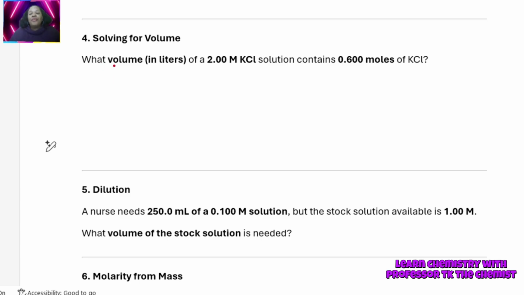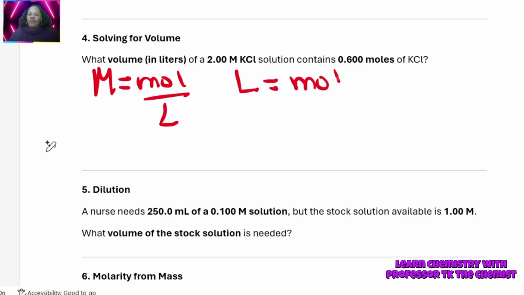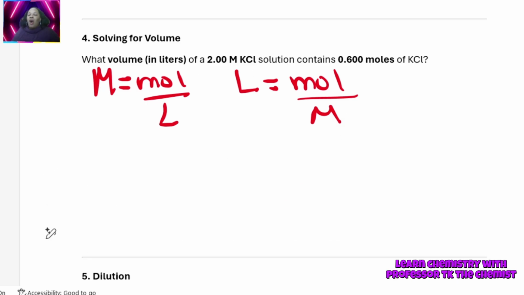Now, for this problem, because you're solving for volume, if we go back to our base, the main formula, molarity is equal to moles divided by liters, then what you have to do is rewrite this and say, liters, which is the volume, is equal to moles divided by molarity, okay? See, guys, if you know one formula, everything else will pop up along the lines of each of your examples.